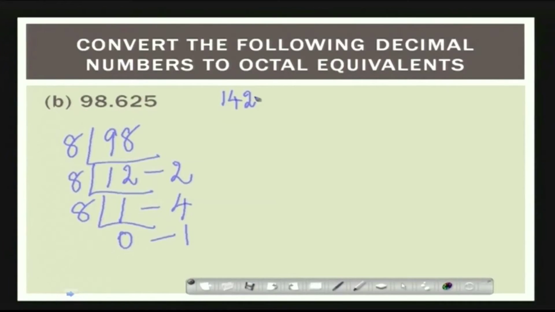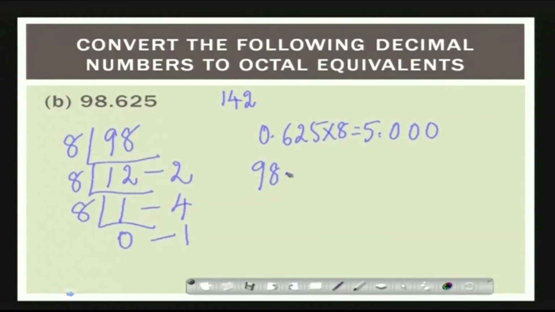Now, coming to the decimal fractional part, what should we do? We should take that 0.625 and multiply by 8. What we will be getting will be 40, 16, 20 and 5. So, you can see that we get a carry of 5. So, what is the answer for this?